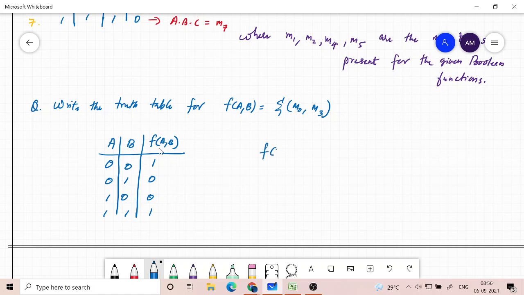In other words, for f(a, b), I can show all the canonical terms, all the min terms, explicitly: it is a bar dot b bar plus a dot b. The 2 min terms are present, one is a bar b bar, the other is a b. So this way you can go back and forth.